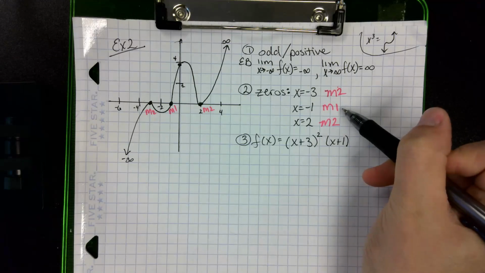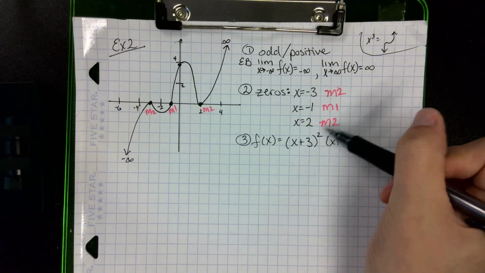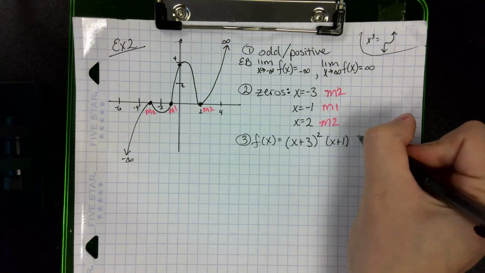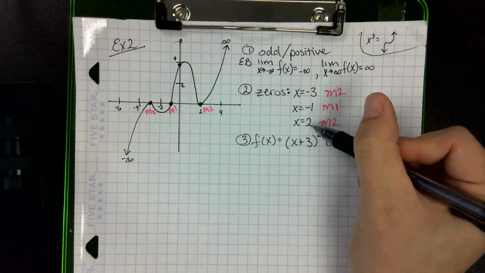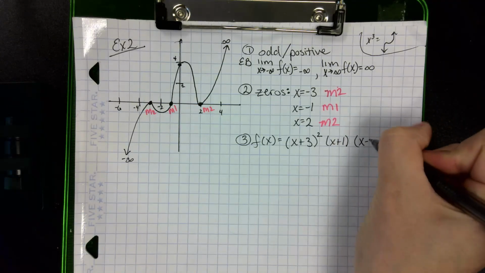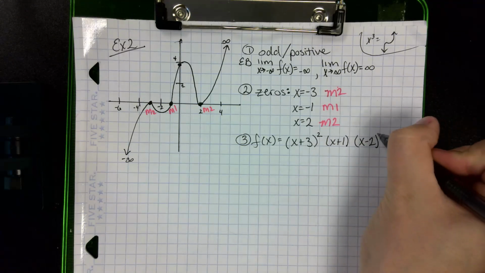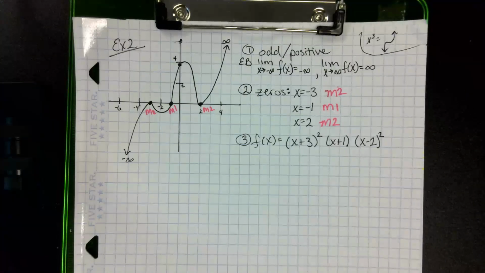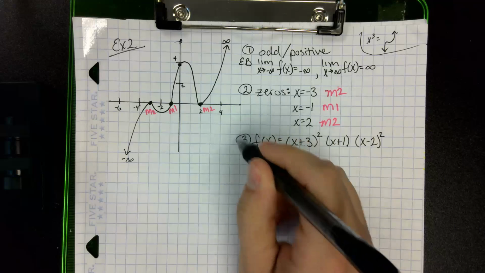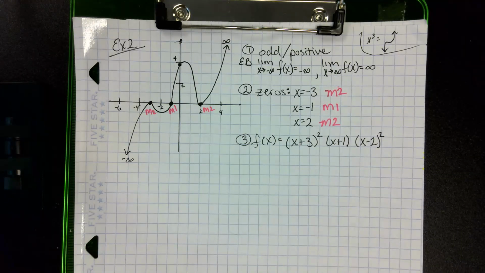That's an M1, so I don't need to write an exponent. And then my third factor is x minus 2. And that is an M2, so it also needs to be squared. And it doesn't matter what order you write the factors in. We'll just leave it there.